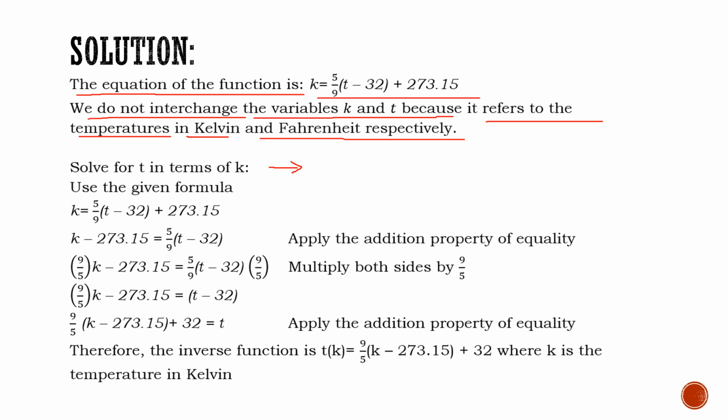But in this case, since there is a function formulated by mathematicians and scientists from the old times, we cannot interchange K and T because these are fixed variables. They cannot be movable, we cannot interchange these two variables in the equation of the function that represents the Kelvin once there is a given value of T. If we are asked to convert degrees Fahrenheit to Kelvin, then this will be the equation to use.